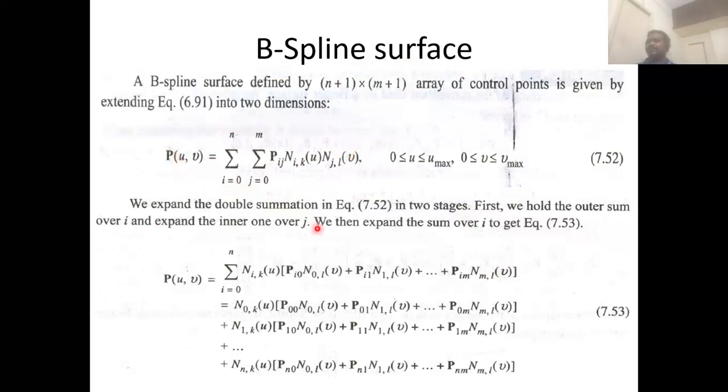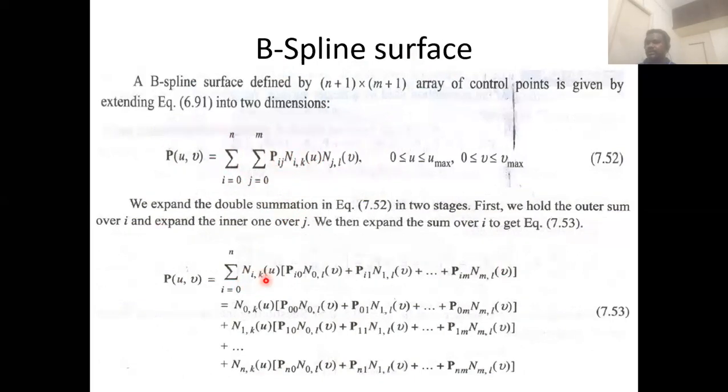Other than that, this expression is very similar to the previous one, the B-spline curve. What is it? i equal to 0 to n is kept constant, and the N i,k value is taken out because u is varying from 0 to n.